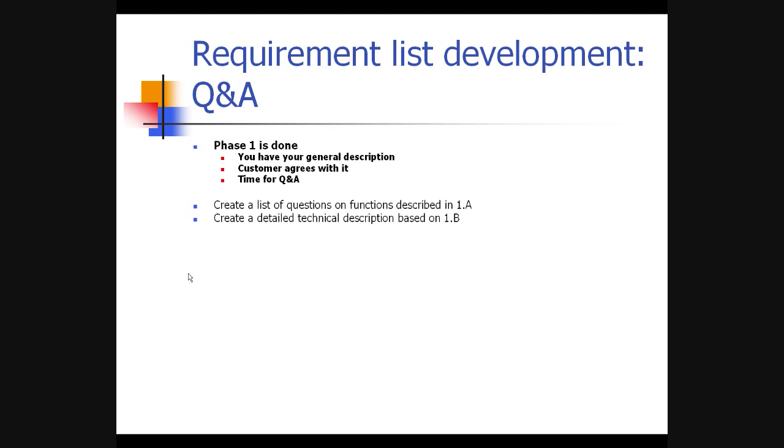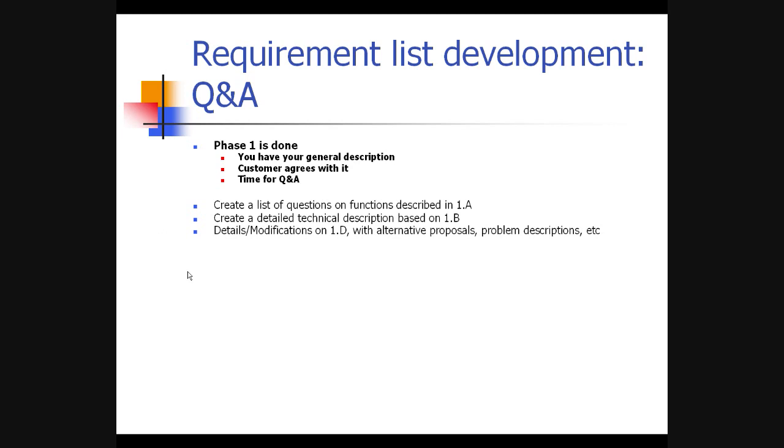You also need to create a detailed technical description based on 1B. 1B was the general description talking about what was done by whom, where. Now you're going to say, okay, we're going to need this kind of hardware, we're going to need this, we're going to need that, and you're going to describe all that and ask questions based on that.